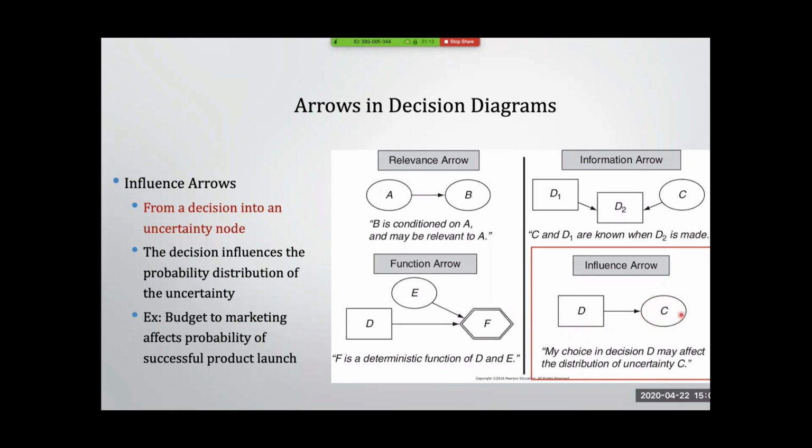Also, in a previous example, the effort, how hard you have decided to prepare for midterm 2, determines how likely you will get a higher score in midterm 2. That sort of influence relationship is what we're looking at.